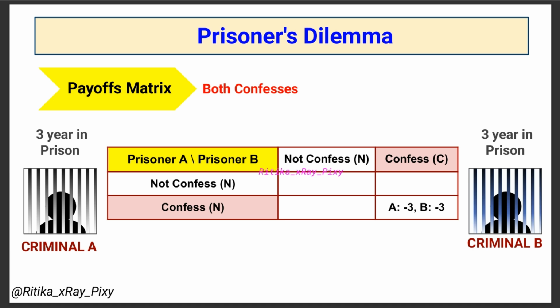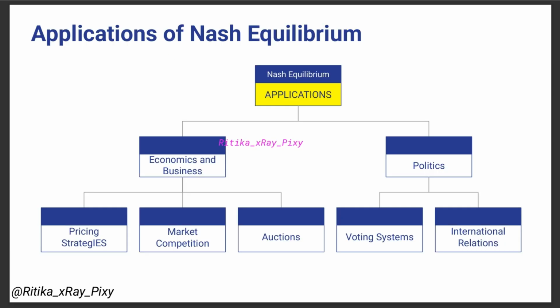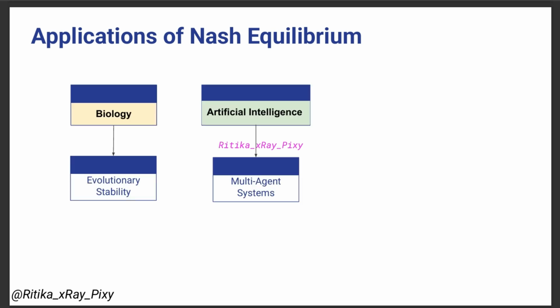Now here you can see different applications of Nash equilibrium. In economics and business, it is used for pricing strategies. Here companies use Nash equilibrium to predict the outcomes in competitive pricing. Next we have market competition, which helps in understanding market behavior. Then in politics, it is used to analyze voting behavior and party strategies in elections. Third, we have social science and biology for evolutionary stability.